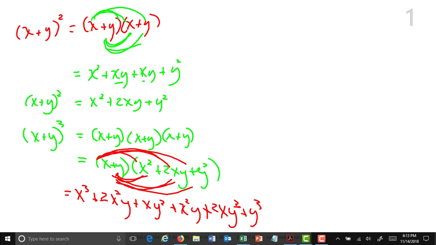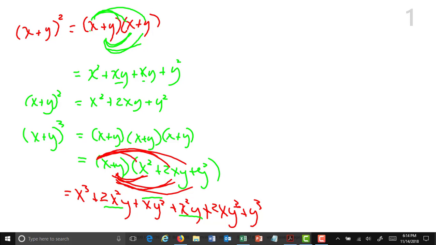Okay, now what do I do? I combine my animals. Do I have any animals? Yeah. Let's see. Well, here, look. I have an x squared y animal here, and I have an x squared y animal here. And how about this? Do I have an x squared y animal? I do.